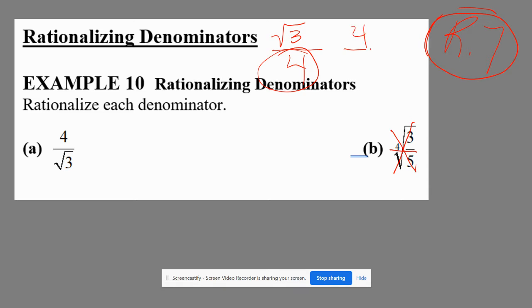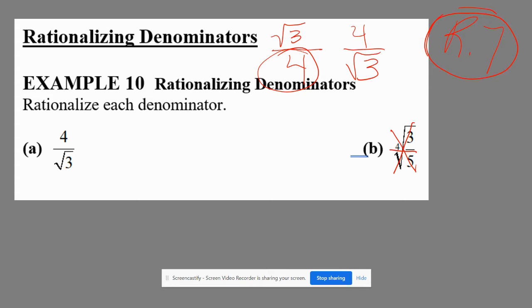But if I had the opposite, I don't know how to cut anything into square root of 3 pieces. And so because of that, we don't know the exact answer to that denominator. We can't have radicals down there.